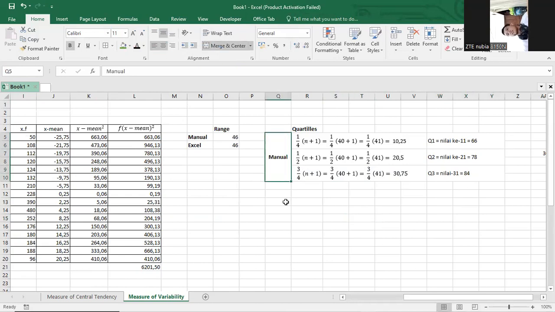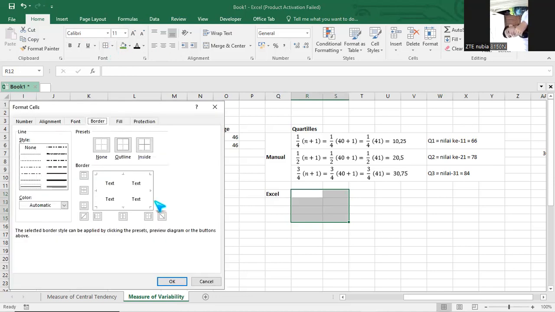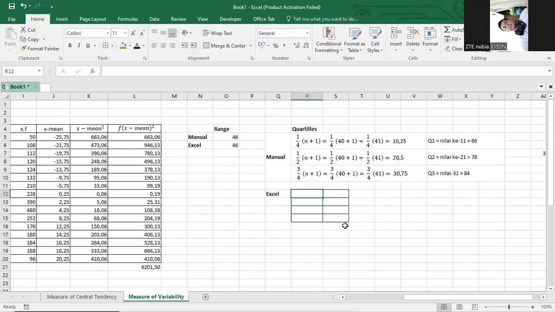To find quartile in the Excel way, here we are. We make a little table, and we type Q1, Q2, Q3, and IQR or interquartile.